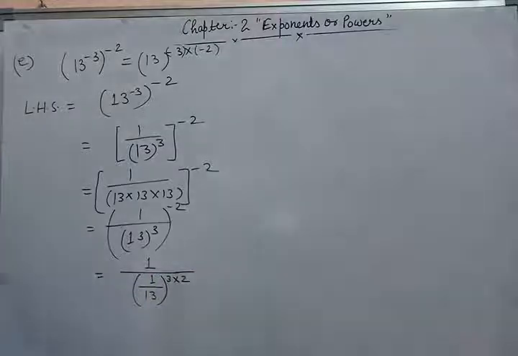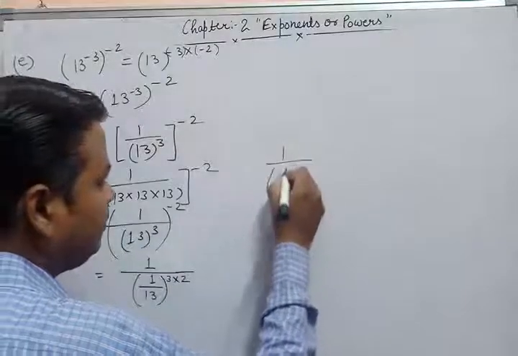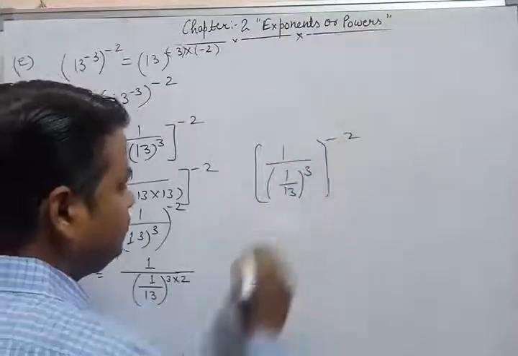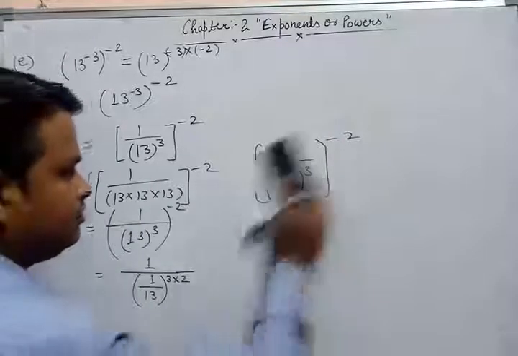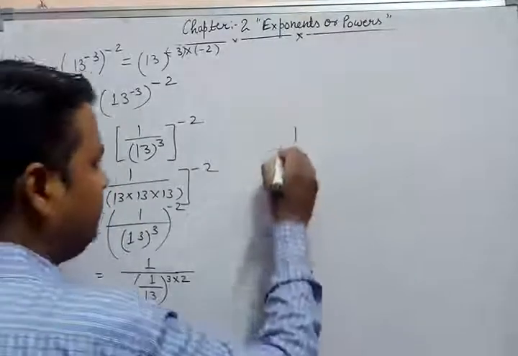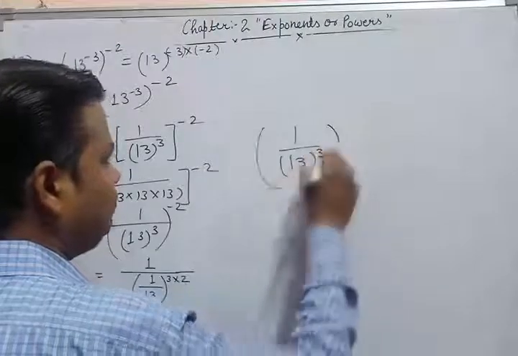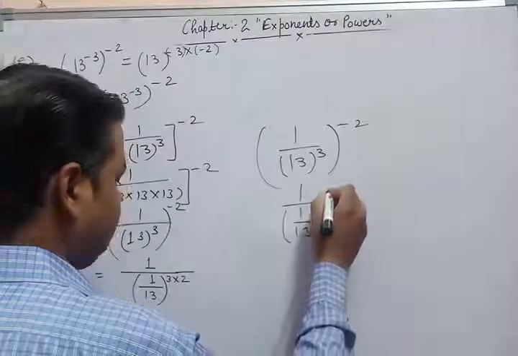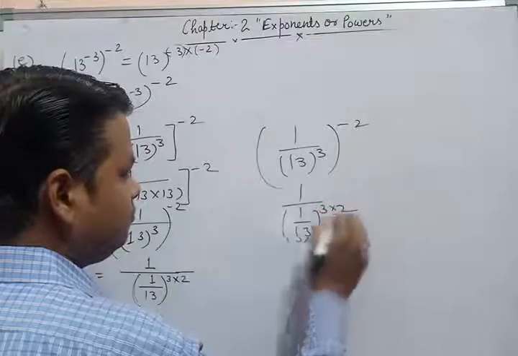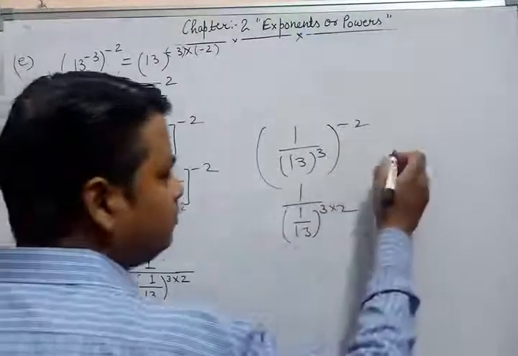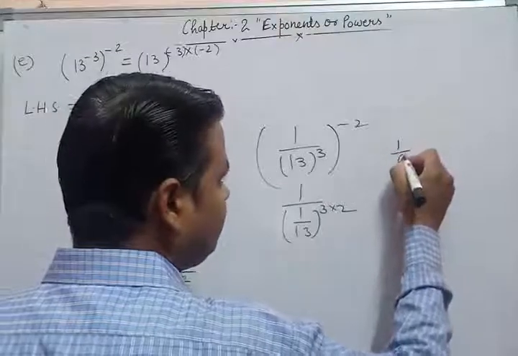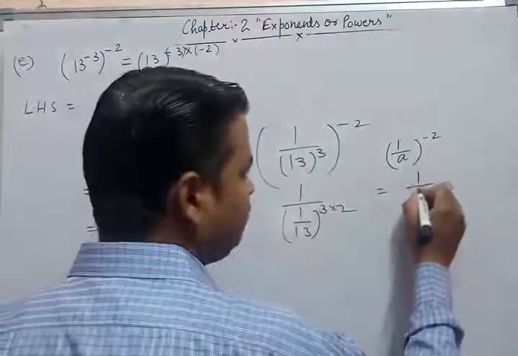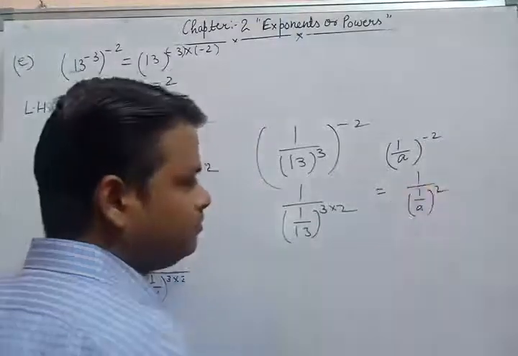So students, listen carefully. 1 upon 13 to the power 3 to the whole power minus 2 can be written as 1 upon 13 to the power 3 into 2, because if you have to write 1 upon 8 to the power minus 2, then we can write 1 upon 8 to the whole power 2.